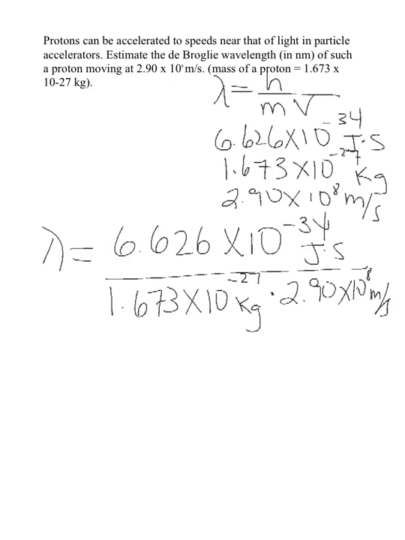So let's go ahead and plug this into our calculator. 6.626 times 10 to the negative 34 divided by 1.673 times 10 to the negative 27 times 2.90 times 10 to the 8th. Okay. And so I get an answer of 1.37 times 10 to the negative 15.